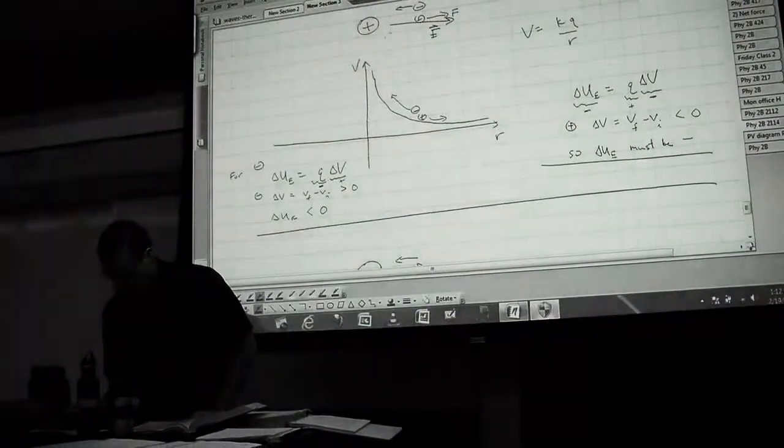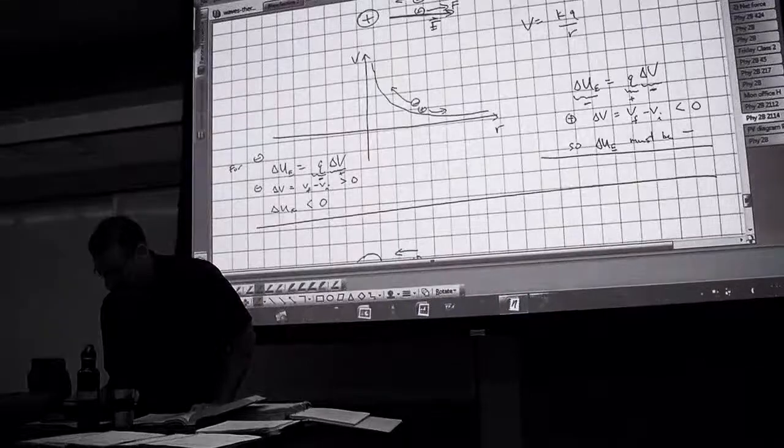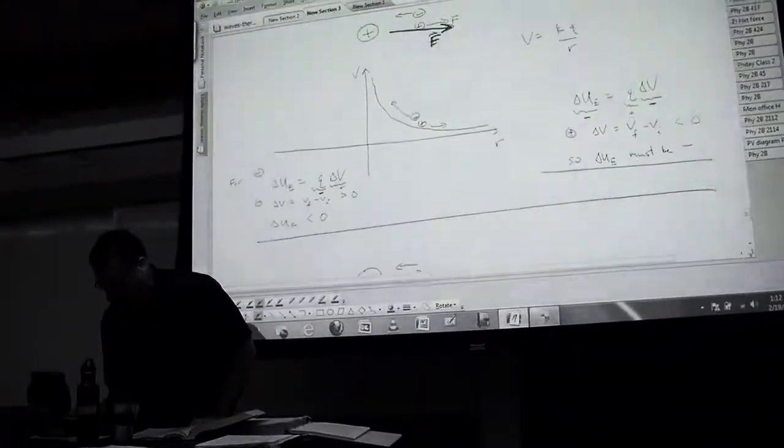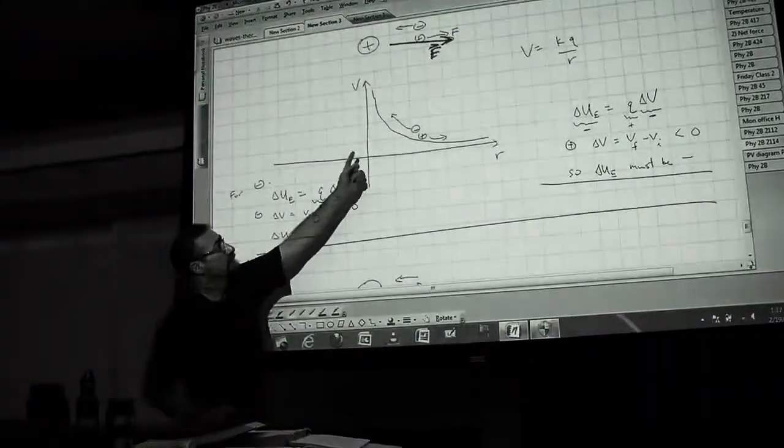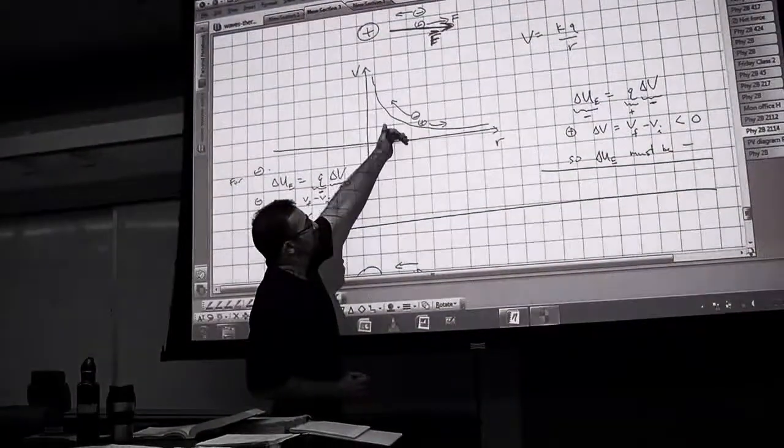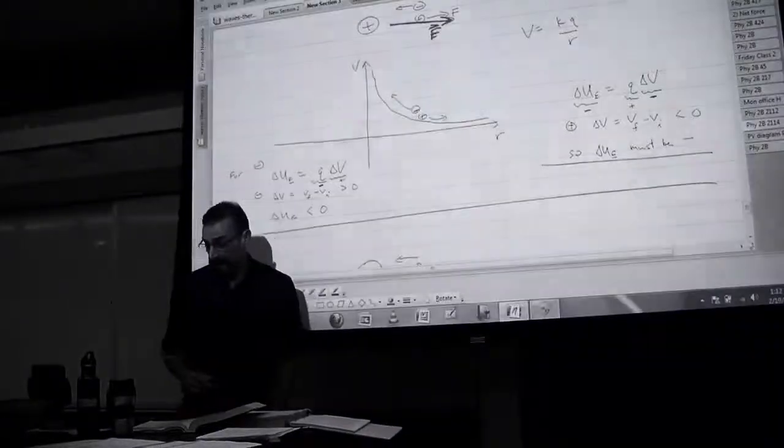So as we move away, I'll draw it in blue, the electric field points to the right from that positive charge as we move out. So as we move in that direction, the electric potential must go down.